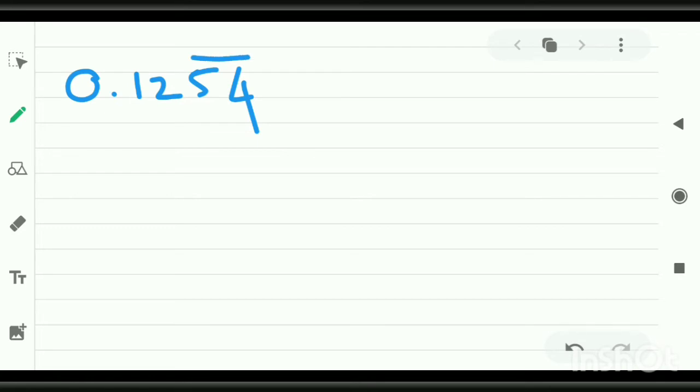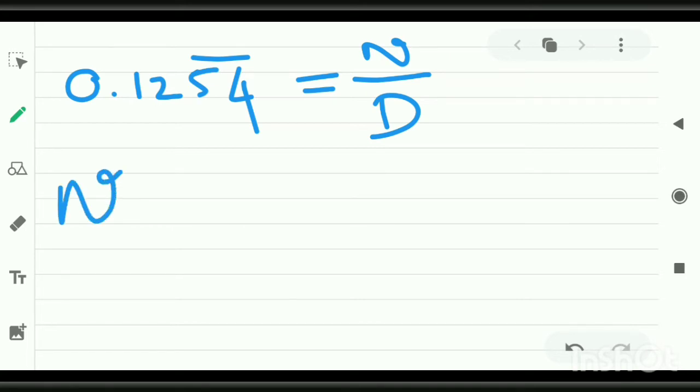Here 5 and 4 are repeating digits. We have to convert this decimal into the form of a vulgar fraction, numerator by denominator. The numerator is the number formed by all the digits after the decimal point, that is 1254, minus the number formed by the non-repeating digits after the decimal point, that is 12.